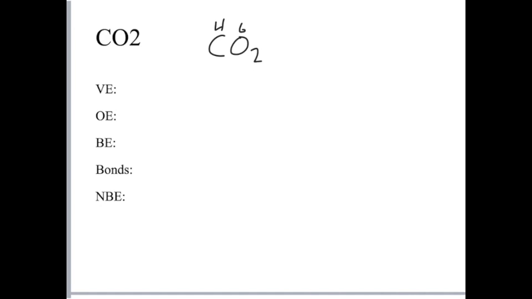But there are actually 2 of them, so because of this 2 right here, I need to multiply 6 by 2. So I'm going to have 4 electrons from my carbon plus 12 electrons from my oxygens, and that gives me 16 valence electrons. So my VE is 16.